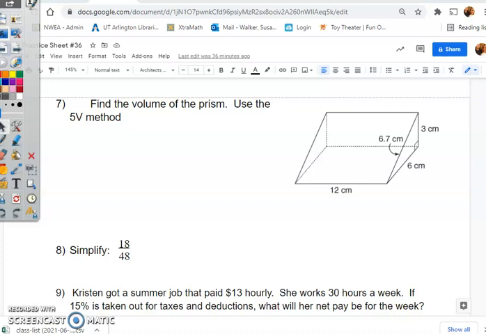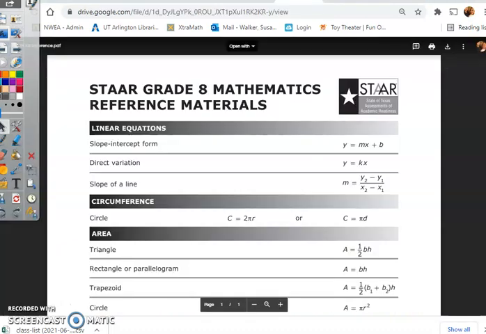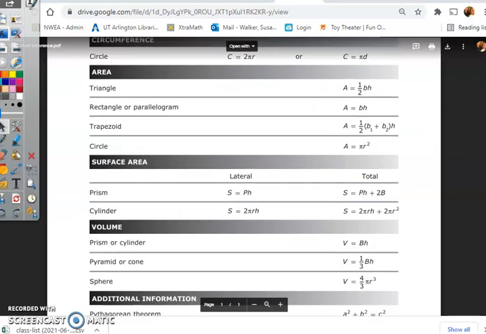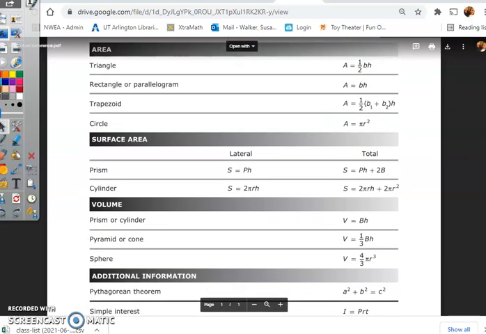Hey everyone, we are going to work on volume now. I'll give you a hint that we're probably going to have a bonus volume question on our final exam, and it will probably be over a cylinder or cone.